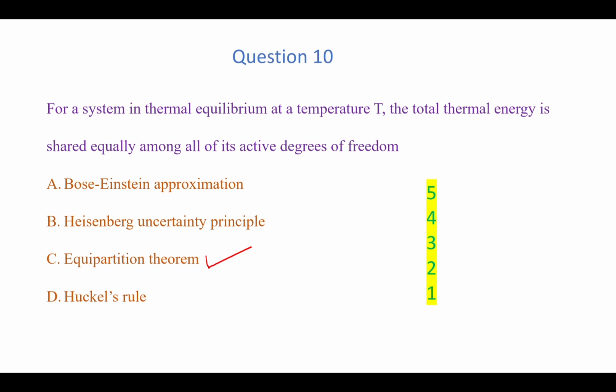For example, if the thermal energy is U equal to half kB T, where kB is the Boltzmann constant, and you have 3 degrees of freedom, then your total thermal energy is going to be 3 multiplied by 1/2 kB T, which equals 3/2 kB T. So it's shared equally among all of its active degrees of freedom. On to the next. Alright, this is actually the last question.